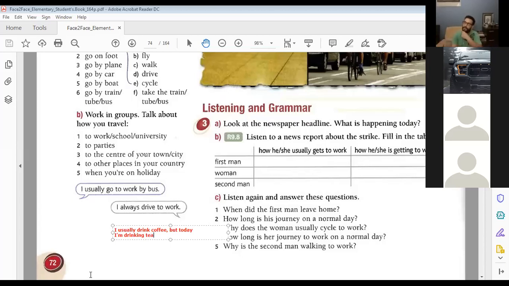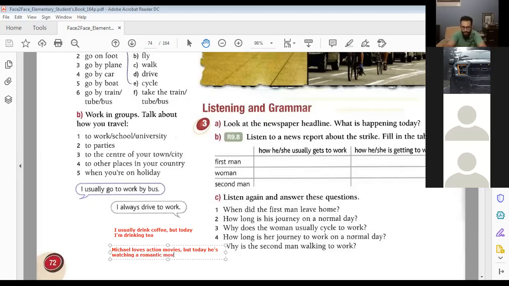Or for example, you can talk about movies. Let's talk about Michael. You can say Michael loves action movies or action films. But you can say, but today he's watching a romantic movie.